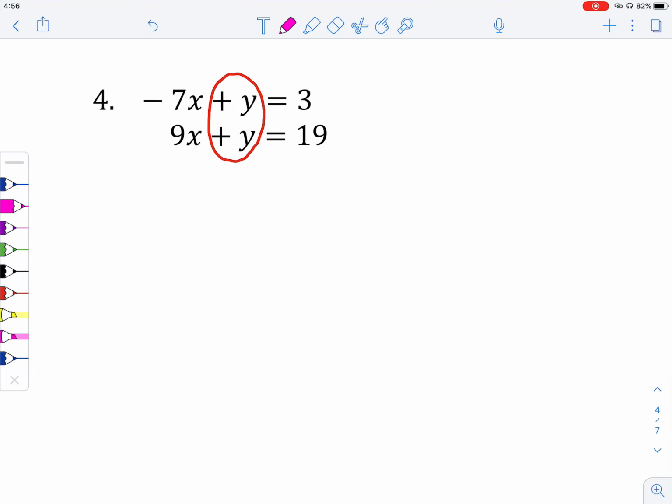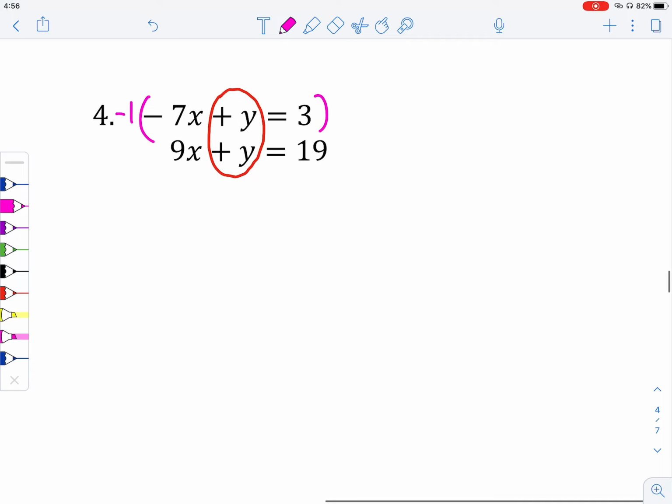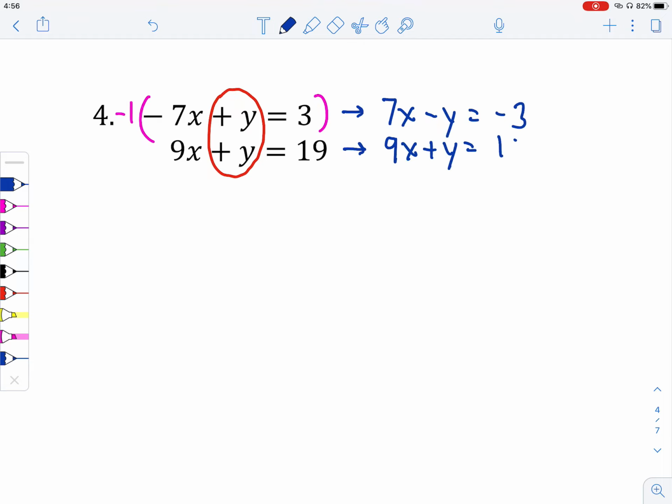We're going to multiply. So let's multiply the top one by -1. So we get positive 7x negative y equals -3. The bottom equation just comes across like that.